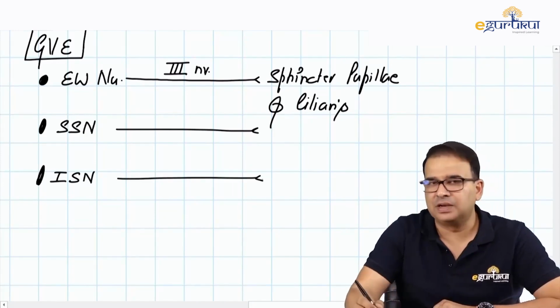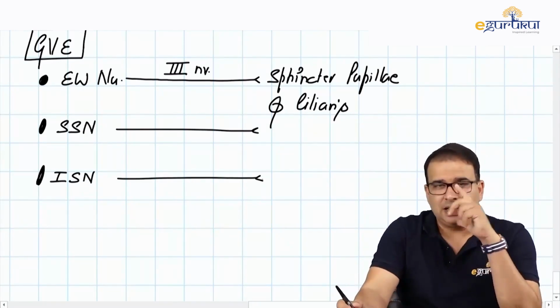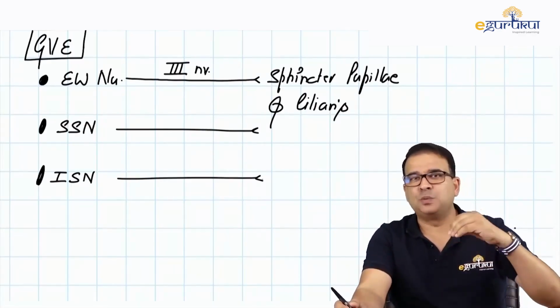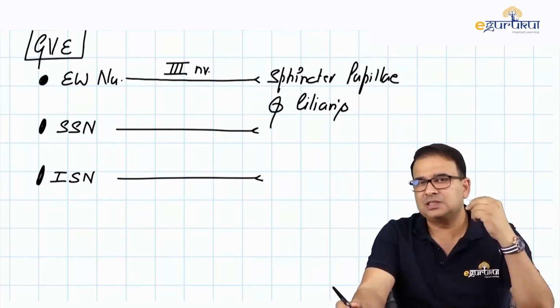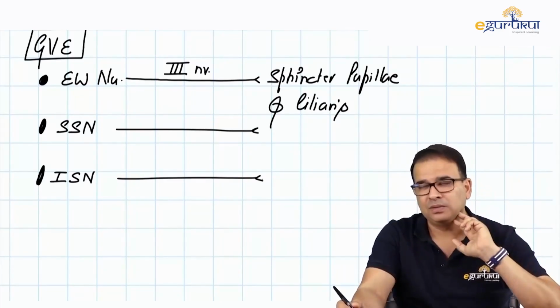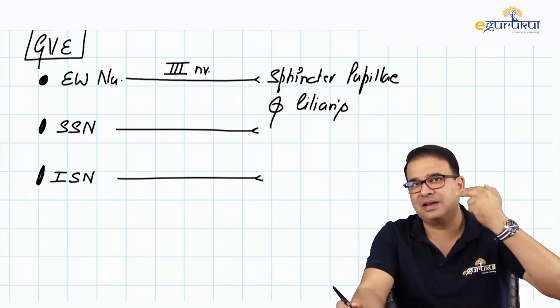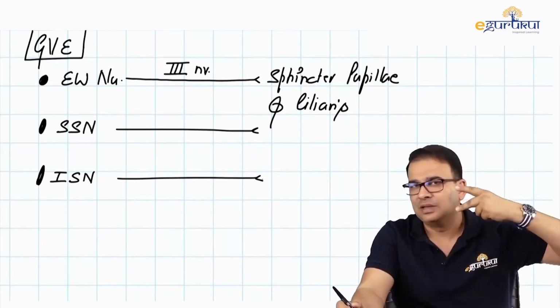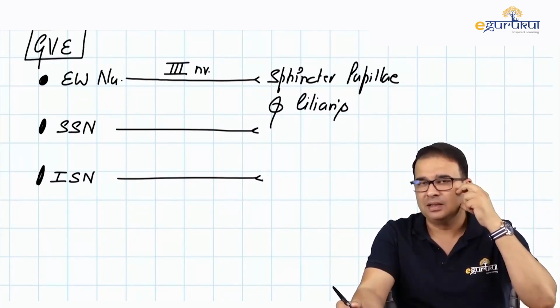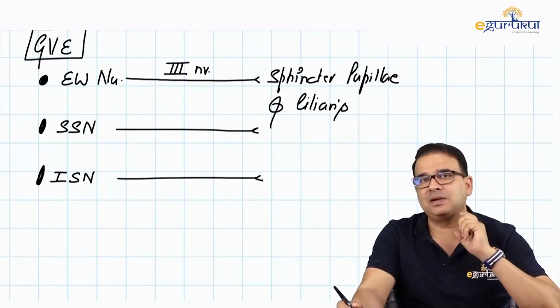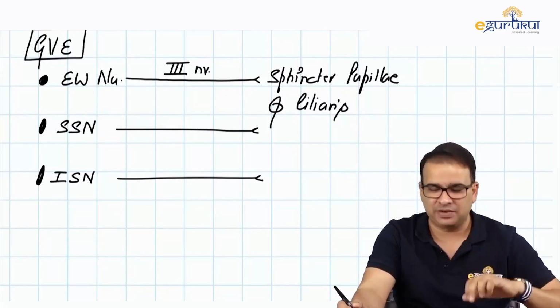Superior salivatory, inferior salivatory. Their name and their function are kind of opposite here. The one called the superior salivatory nucleus supplies the salivary glands which are below, and the one called the inferior salivatory nucleus supplies the salivary gland which is above. So it's kind of reverse here. The parotid gland is supplied by the inferior salivatory nucleus, whereas the submandibular and sublingual glands are supplied by the superior salivatory nucleus.